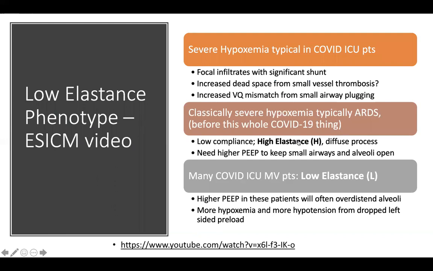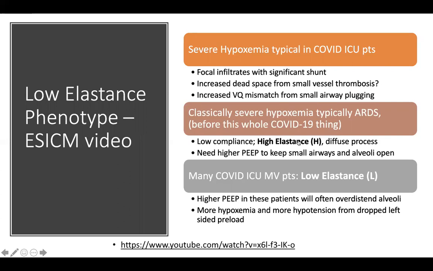What that video really went into, and we'll get into this in the meat of this discussion, is that there seems to be more of a low elastance. Initial reports of severe ARDS were probably a little bit overstated, or at least we haven't seen it as frequently.